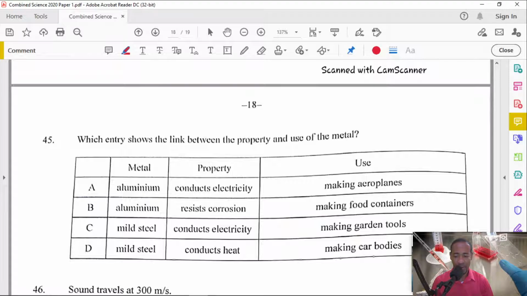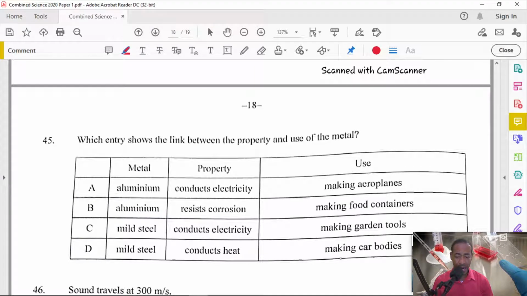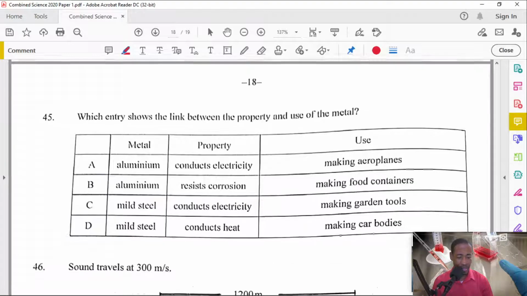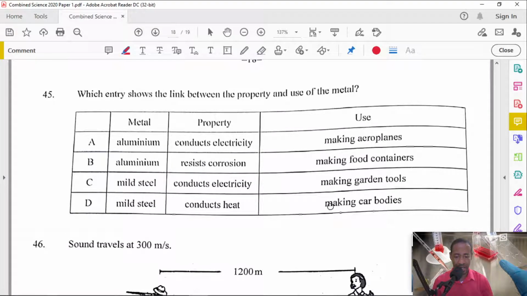All right, number 45. It asks, which entry shows the link between the property and the use of a metal? If you look at it carefully now, aluminum conducts electricity, makes airplanes, right? That's not necessarily a good choice in terms of the best conduction of electricity.